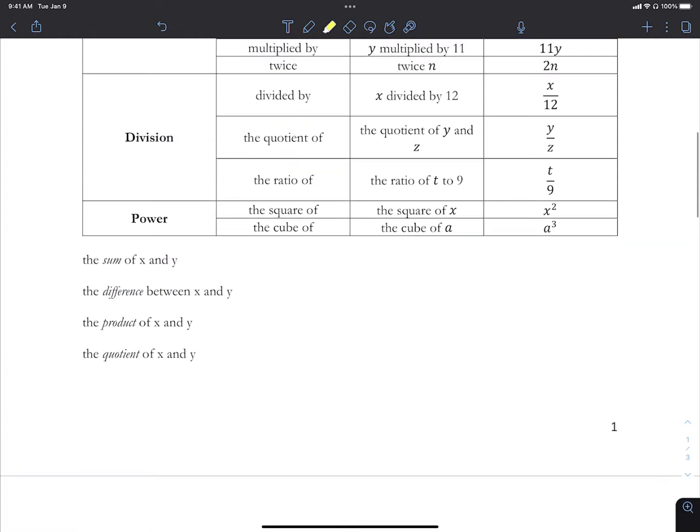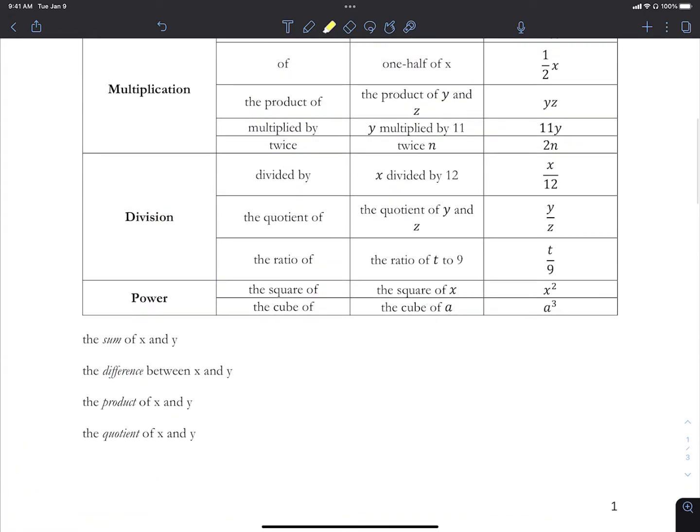At the bottom of page 1, something I wanted to point out here is notice that the words sum, difference, product, and quotient. These are words that mean the answer we get after doing an operation, right?